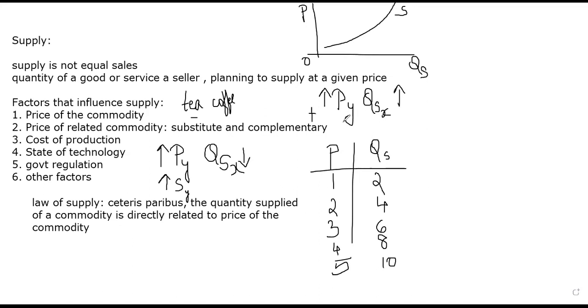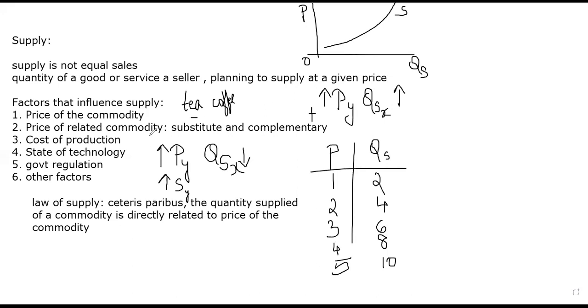Since jam is a complement for bread, he would be happy to supply more of jam also. This is complementary goods. So the relationship between a good's supply and its substitute's price is negative, whereas the relationship between a good's supply and its complement's price is positive.